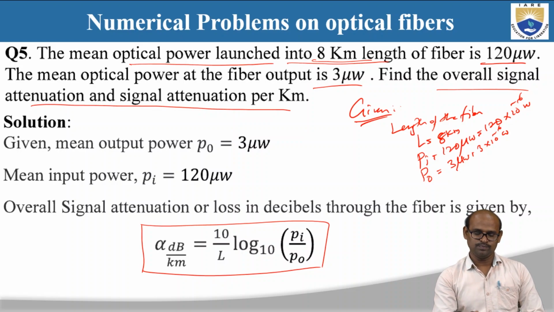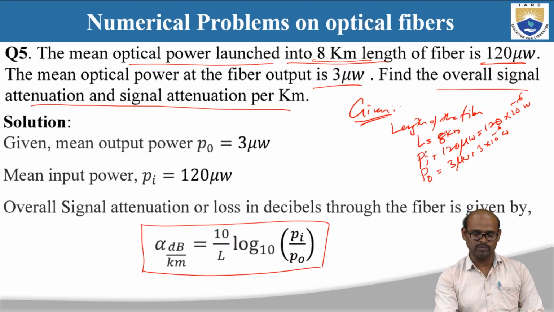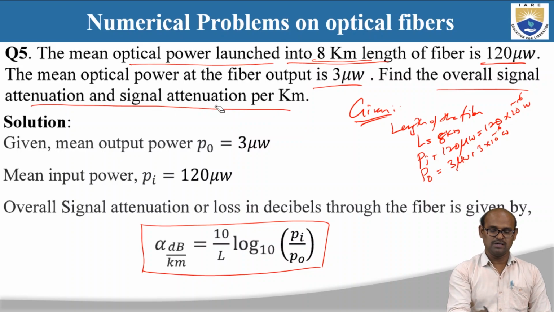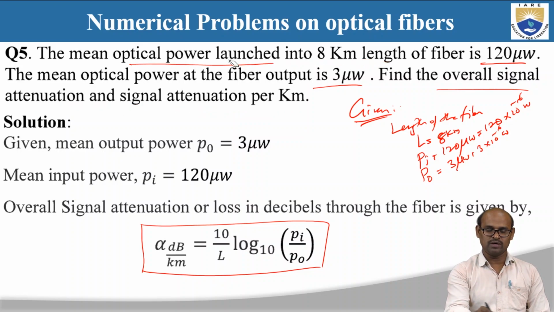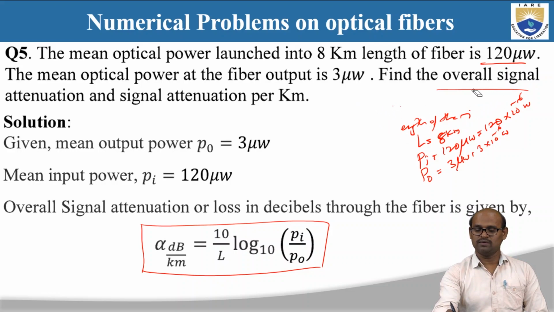So 10 by L, where L is 8 kilometers, and log 10 of Pi by Po, where Pi is 120 into 10 power minus 6 divided by 3 into 10 power minus 6. Substitute these values and we are going to get the attenuation over the overall length of the fiber, which is 8 kilometers.